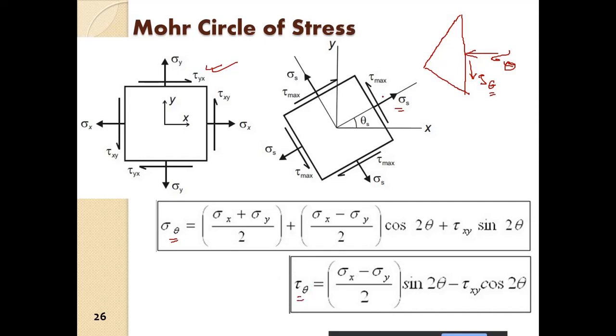So we have sigma y, and this is tau yx, and this is sigma x and this is tau xy.